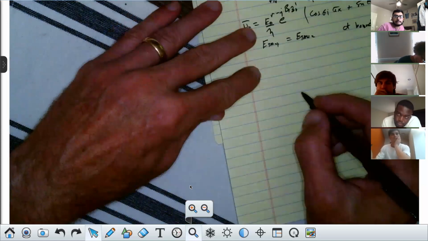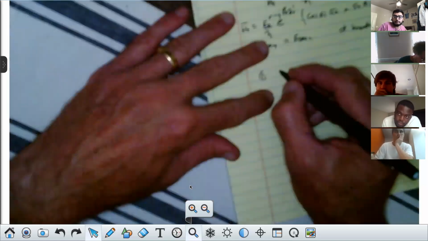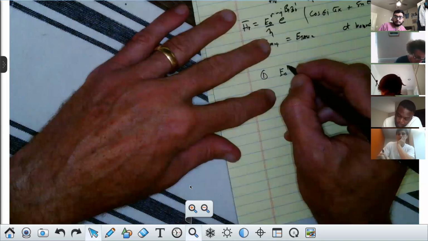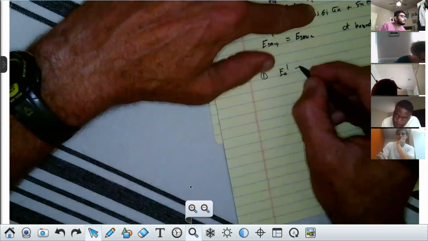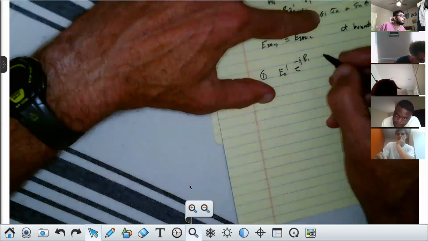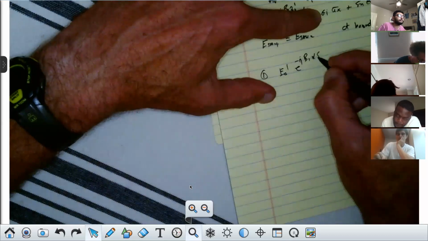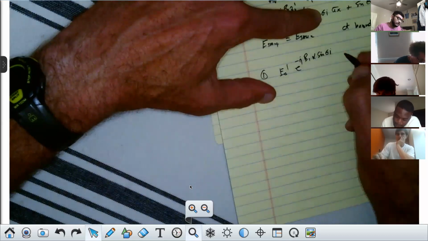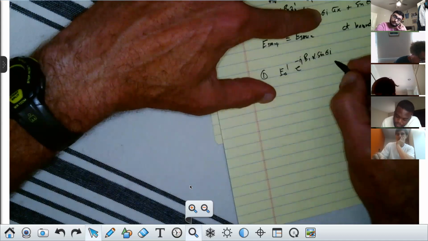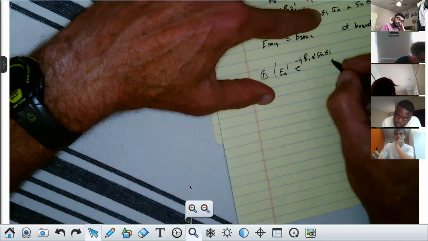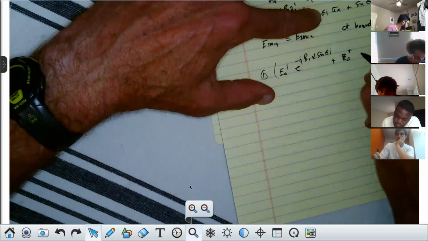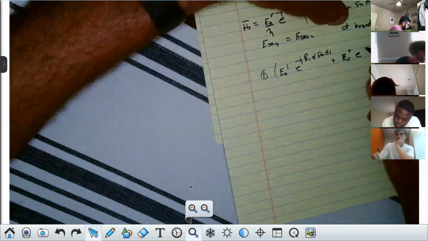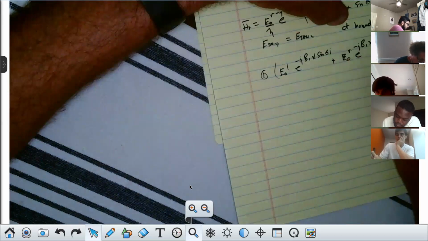So this would be the first equation. It would be E naught incident times E to the minus j beta 1 x sine theta incident, a y. But I don't need to put a y on there because it's all a y. Then it would be plus E naught reflected, e to the minus j beta 1 x sine theta reflected, and you can call it theta reflected if you want, but it doesn't matter.